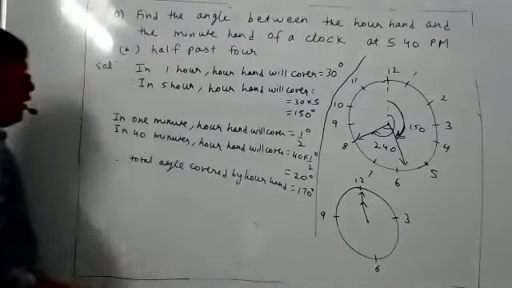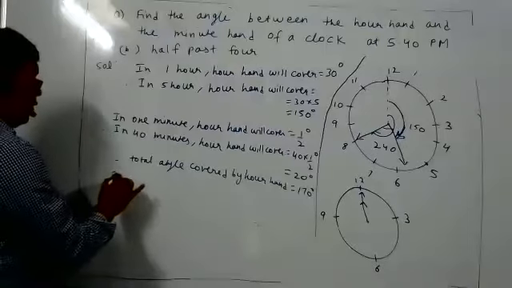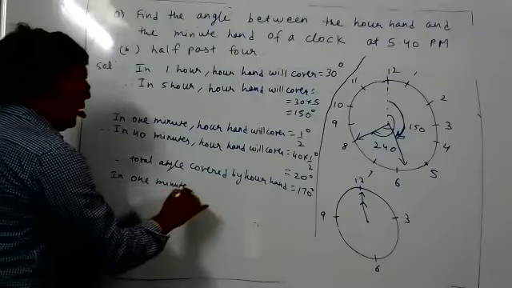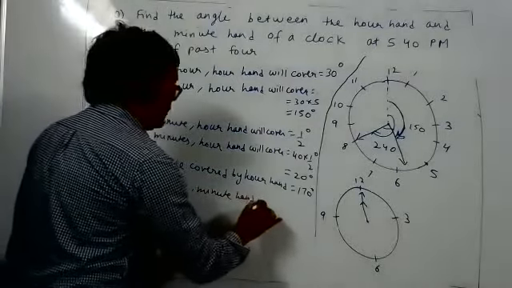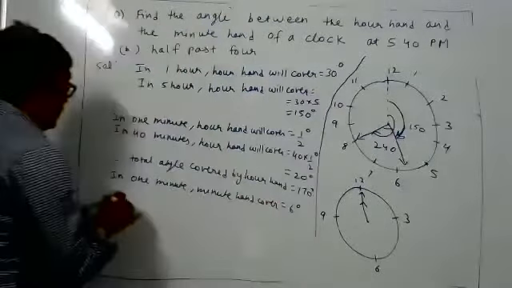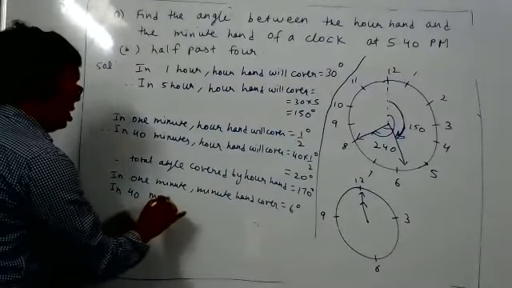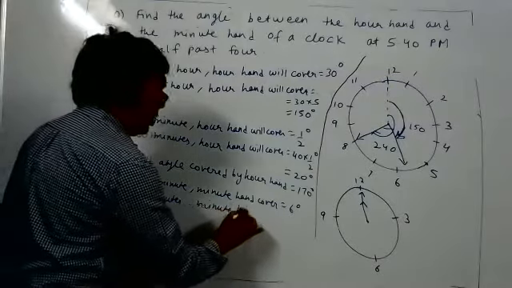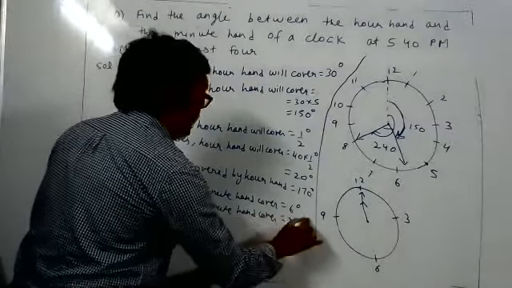Now for the minute hand, we have already calculated. In 1 minute, the minute hand covers 6 degrees, so in 40 minutes, it covers 6 into 40, 240 degrees.